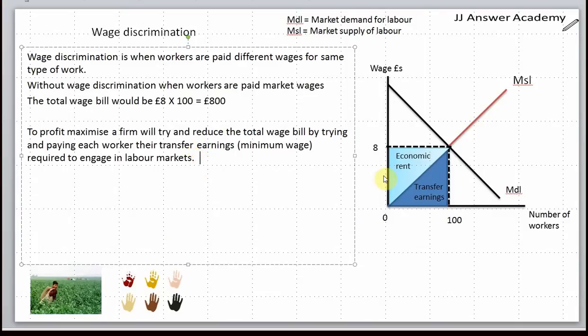If the firm is able to pay each worker only their transfer earnings or the minimum amount they need, they will be reducing their total wage bill by half. They'll be cutting it by half: base times height, and the base is 100, so half of it is 50, and the height is 8, so 50 times 8 is 400. So they've reduced the bill by £400.